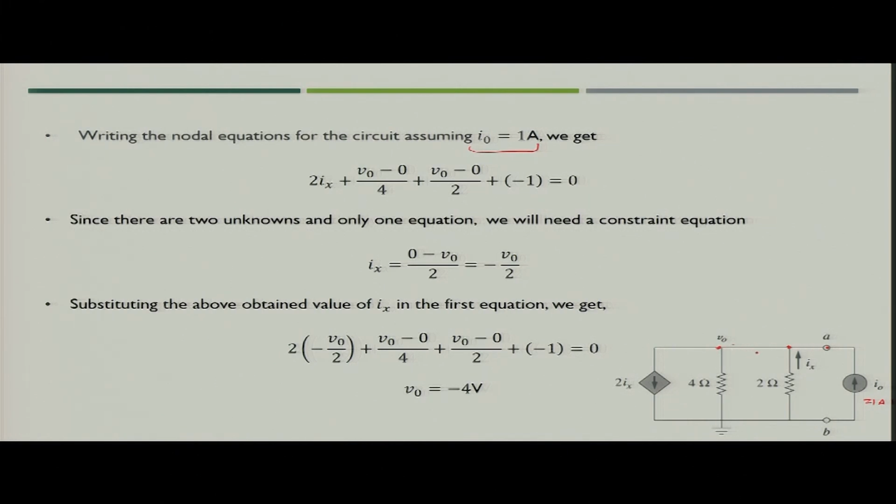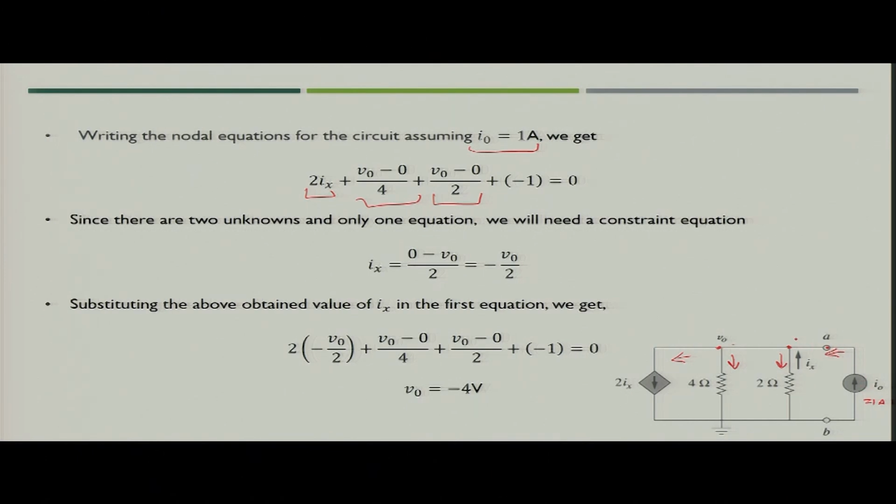At this node, if you apply Kirchhoff's current law, first, the current going outside is 2 I x, another current going outside is V naught by 4, another current going outside of this node is V naught by 2, and then the current going inside is the current I naught, because the direction of current I naught is in this direction.